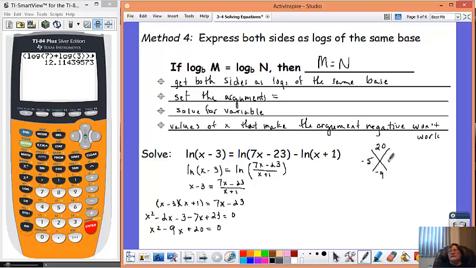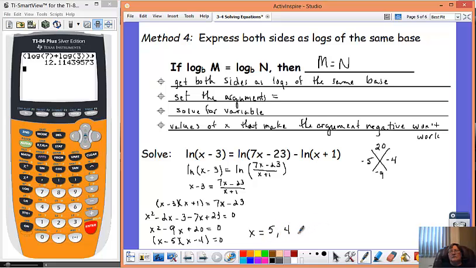I'm thinking negative 5 and negative 4. So x minus 5 times x minus 4 equals 0, and that means set each one equal to 0. x is either 5 or it's 4.